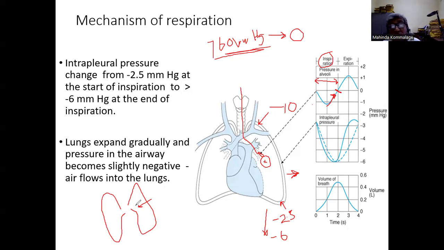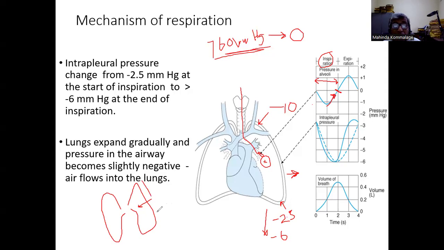Because of pressure. So lungs are also an elastic thing. We put in an effort with the intercostal muscles and thoracic diaphragm, and this effort expands the lungs. Expansion happens because these two layers cannot separate.